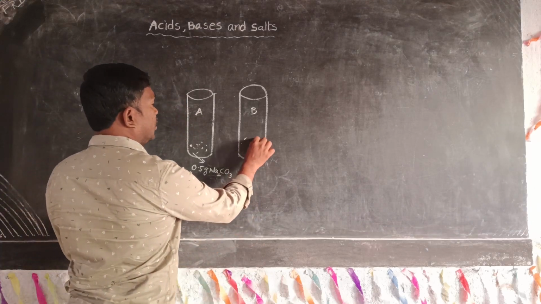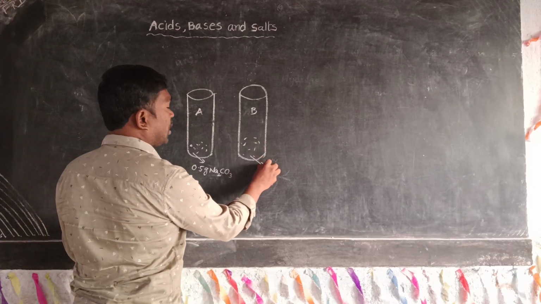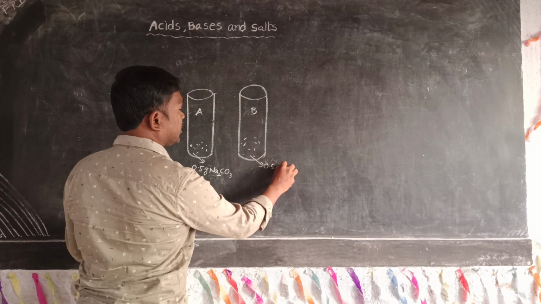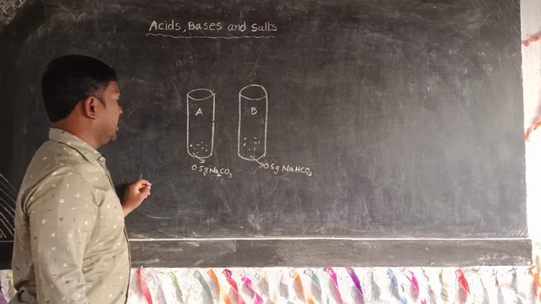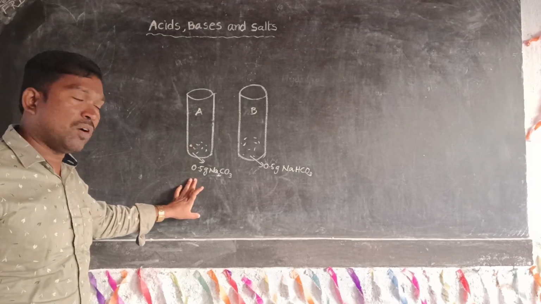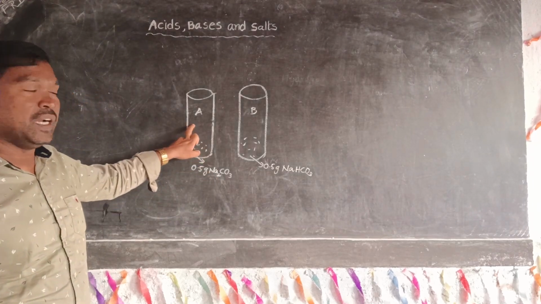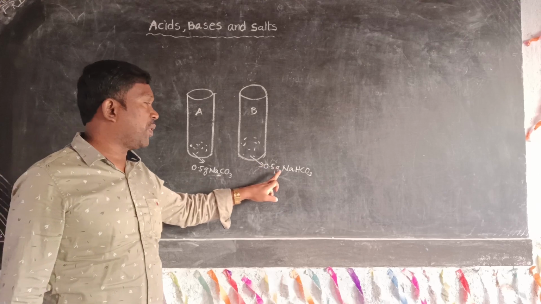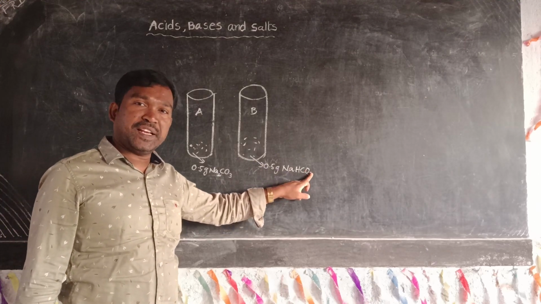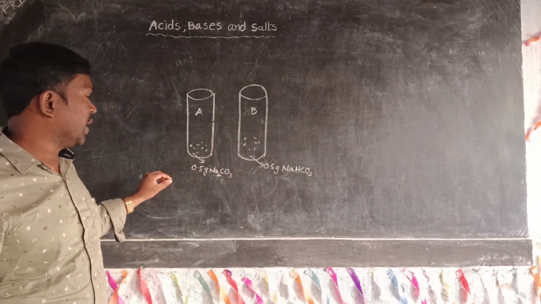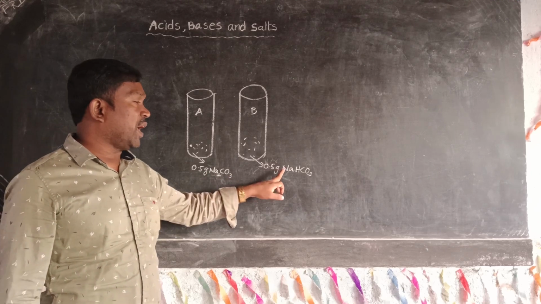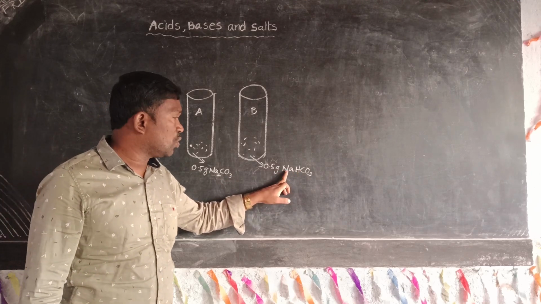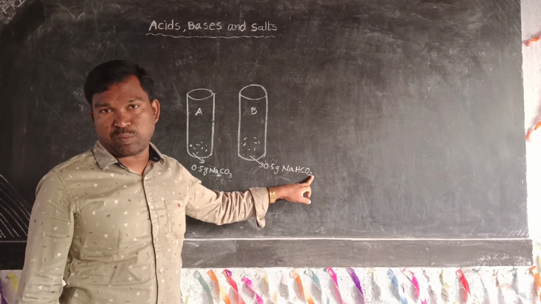Take 0.5 gram of NaHCO3 in test tube B. Na2CO3 is sodium carbonate and NaHCO3 is sodium hydrogen carbonate.